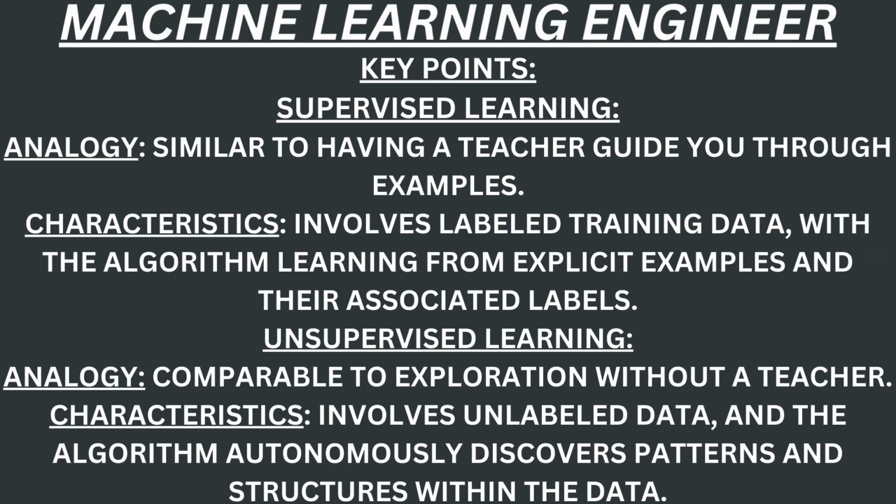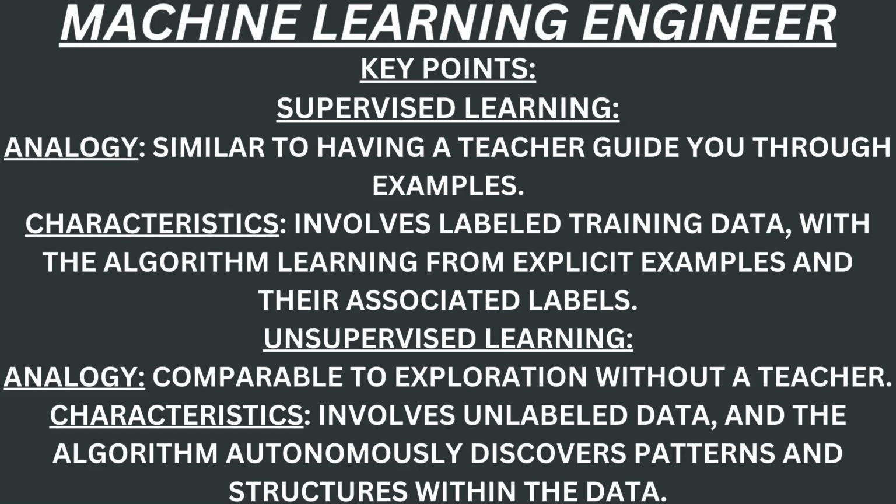Key points: supervised learning, analogy, similar to having a teacher guide you through examples. Characteristics: involves labeled training data, with the algorithm learning from explicit examples and their associated labels. Unsupervised learning, analogy, comparable to exploration without a teacher.